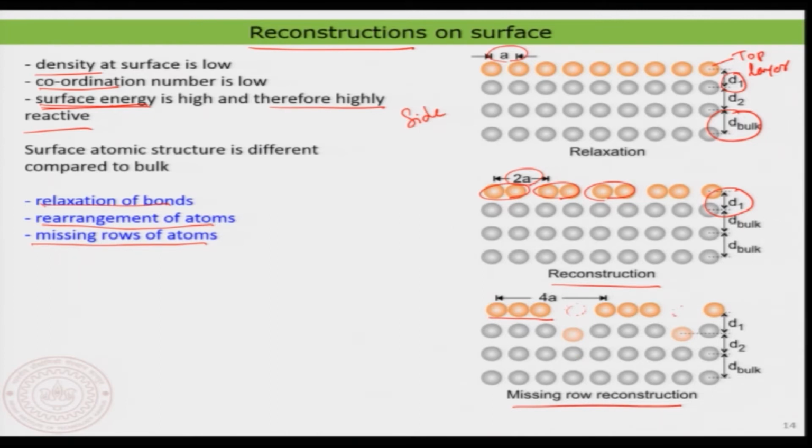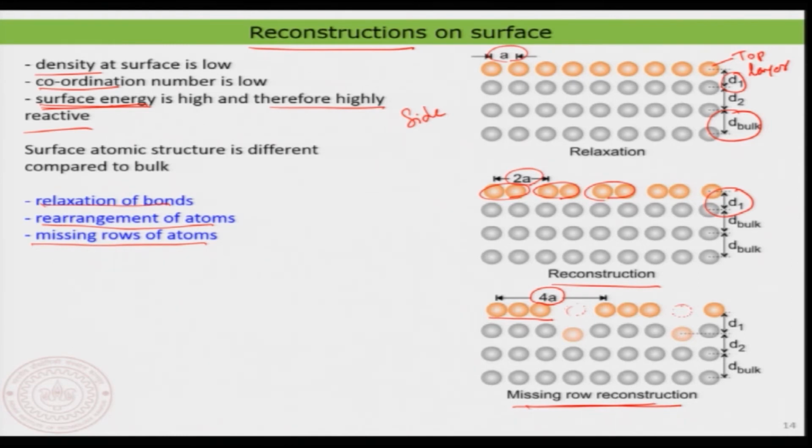So, the atom which was originally present in this zone would just be missing from the surface, and this is basically known as the missing row reconstruction. Now, you can see in this particular example, the periodicity has now grown to 4A. That means the surface atoms have a much higher periodic distance compared to the ideal one, which is A. So, this would be called a 2 times reconstruction compared to the original, or this would be called a 4 times reconstruction compared to the surface, and so on.